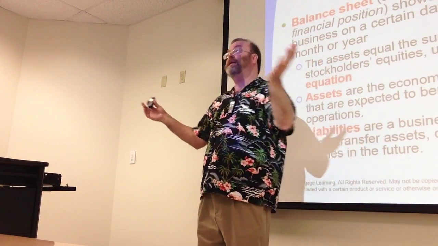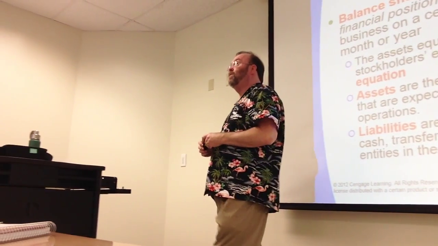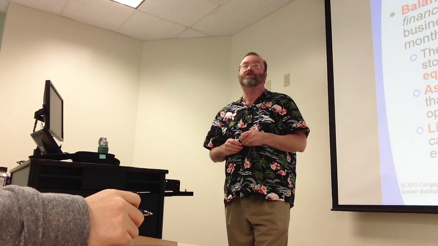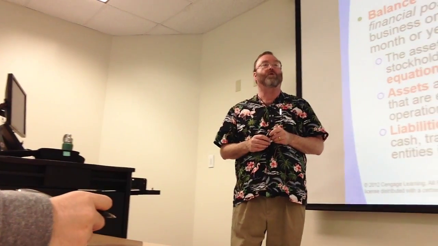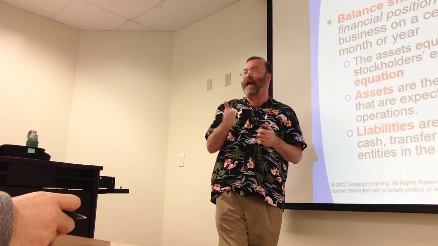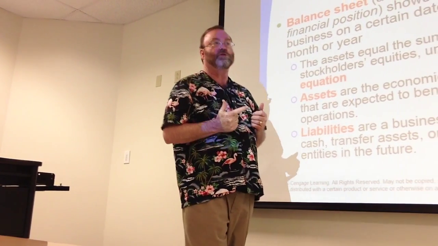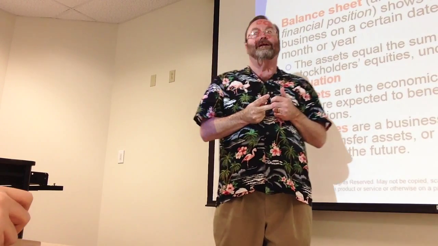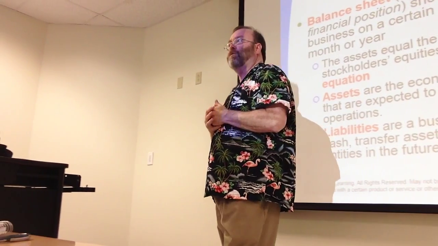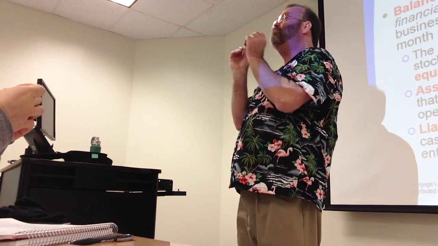The stroke of midnight on the last day of the financial period. So on December 31st for a calendar year corporation, at the stroke of midnight, how much cash, how much inventory, how much debt, how much retained earnings, how much stockholders' equity did they have at that moment?